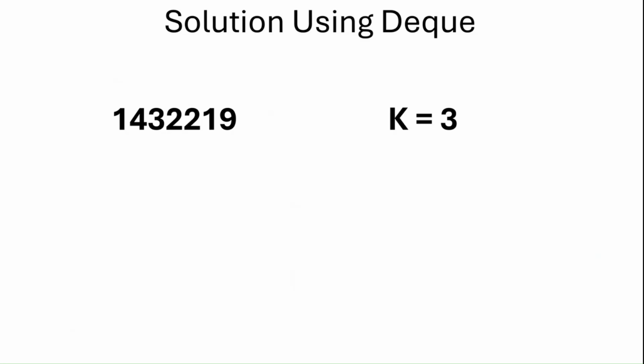So let's say we want to solve this using the Deque. We'll start from the leftmost digit and push it to the Deque. 4. As soon as we come to the digit 3, we check the previously visited digit, which is 4. So we remove it and add the 3 in place of 4. Decrement the k. 2 is less than 3, which is the previously visited digit. Remove it from the Deque.